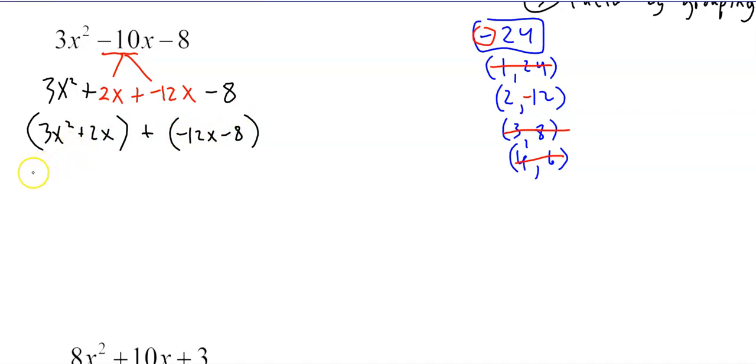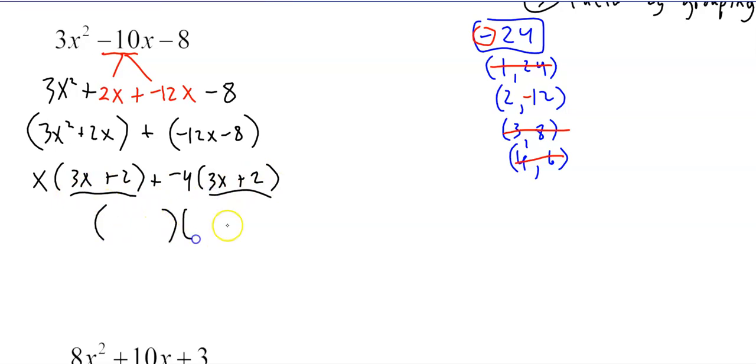Pull out the GCF. That's just x times 3x plus 2, plus, pull a negative with that GCF, so negative 4 times positive 3x plus 2. Those match, that's beautiful. I knew that would happen because we did our method. So we have 3x plus 2 and then x minus 4.